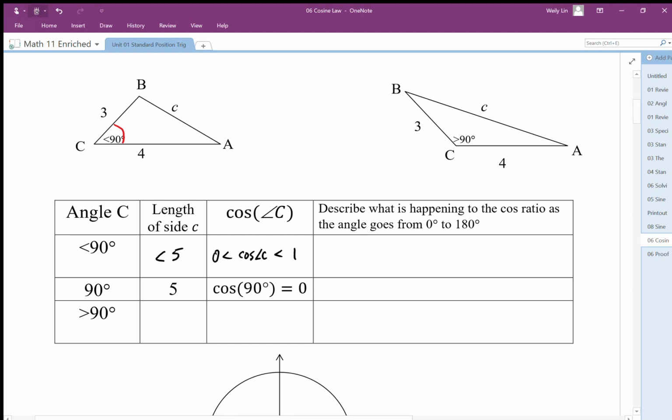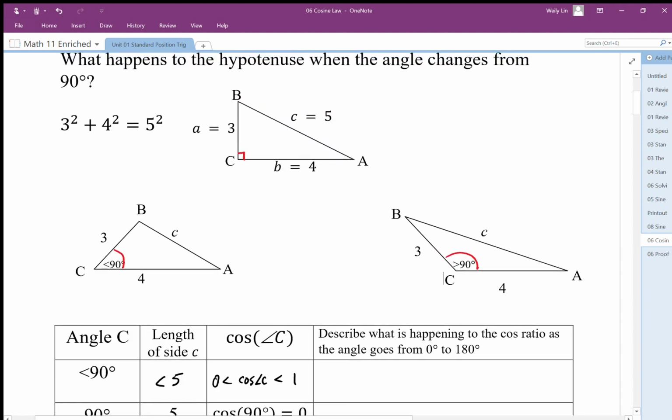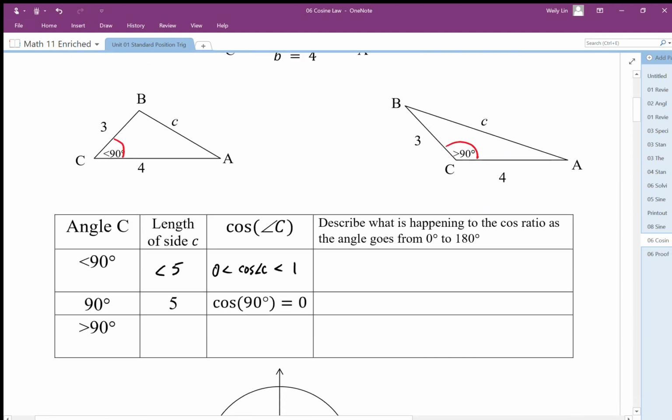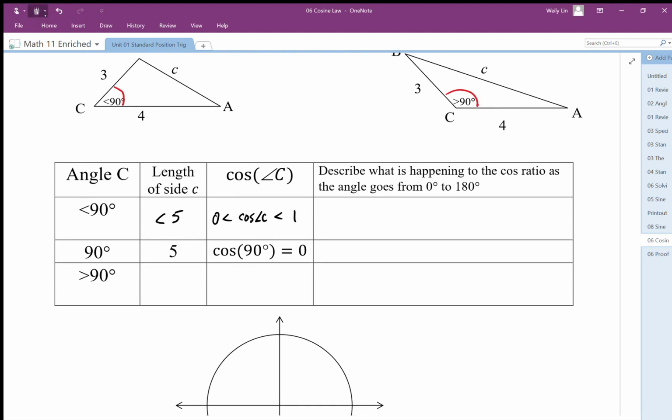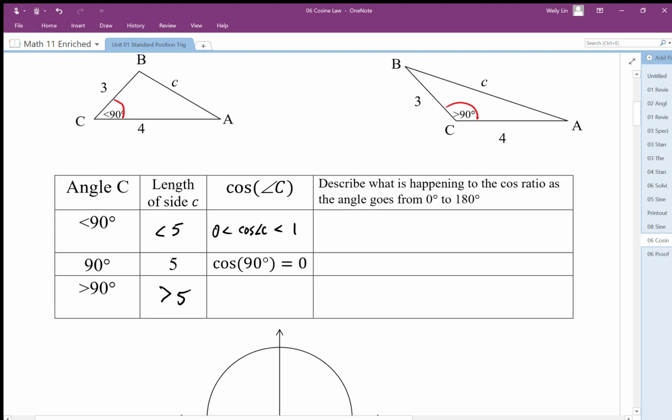So what happens when the angle is greater than 90 degrees here? That angle is now obtuse. What's going to happen to the length of side C? We can clearly see that it is longer than that length of 5. So we're going to increase that length; it is going to be greater than 5. And what's happening to the cosine values?